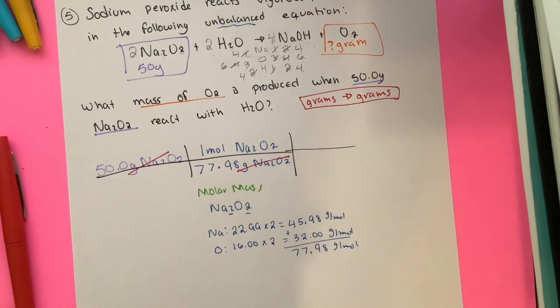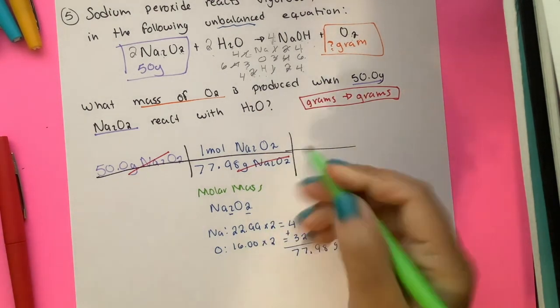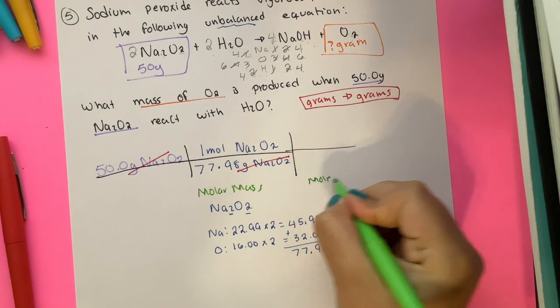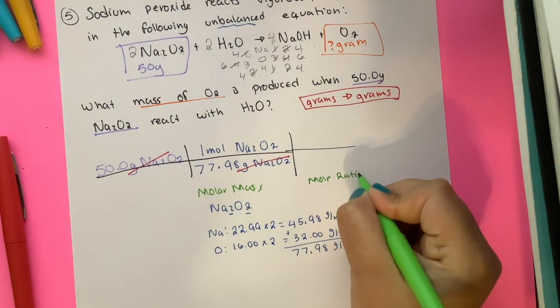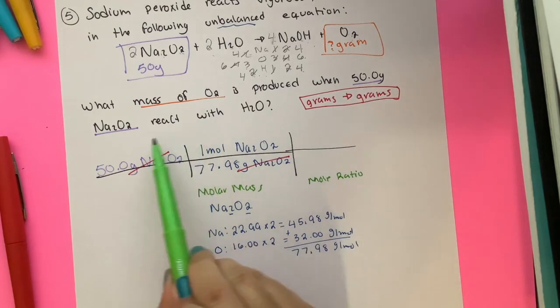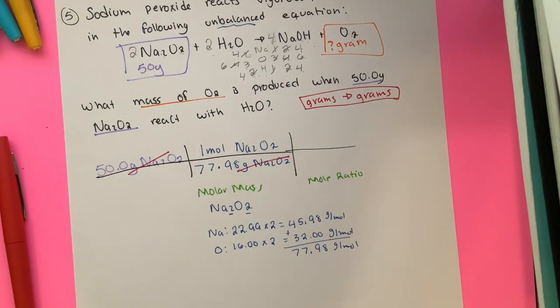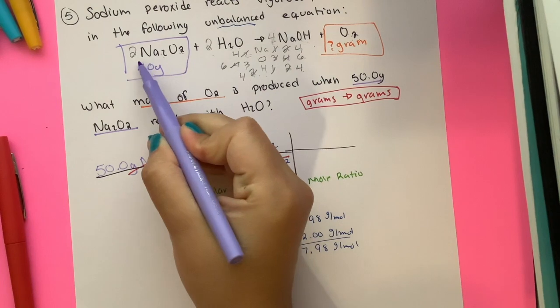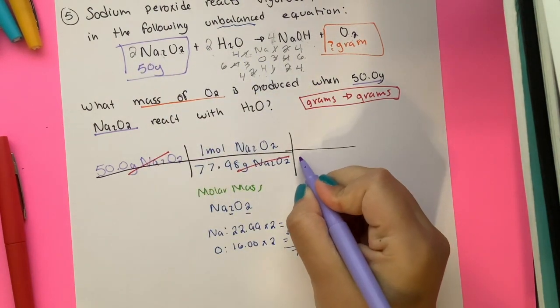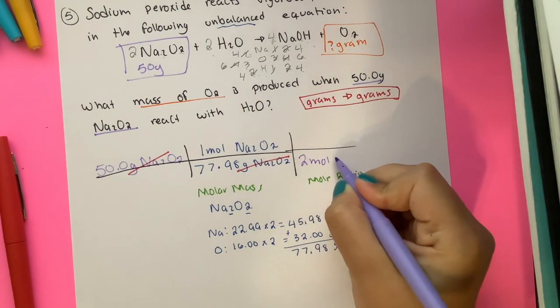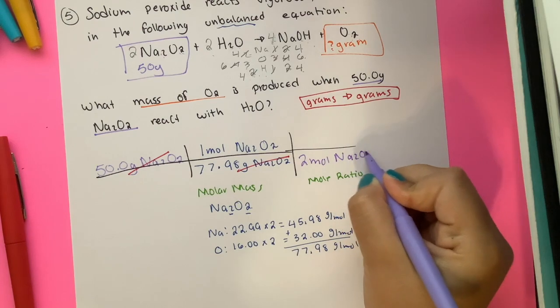Now that I'm in moles, now is when I'm going to use the mole ratio to go from moles of one compound to moles of another. Okay, so I'm going to use 2 moles of Na2O2.